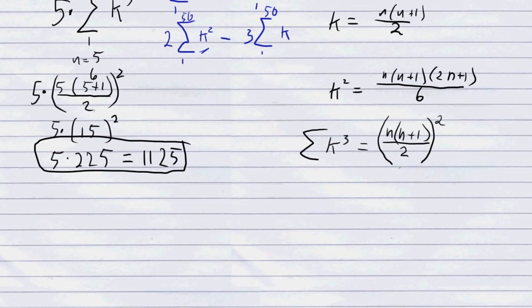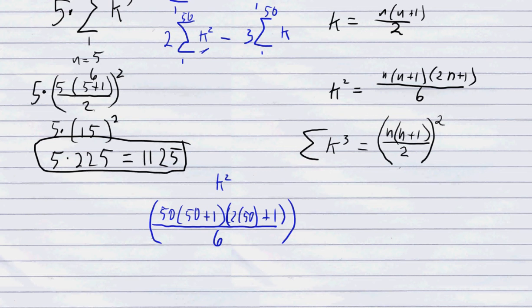So that's going to be 50, which is n, times 50 plus 1 times 2 times 50 plus 1, right? And all of that divided by 6, and that's the k squared, you understand. And then all of that times 2 to give us the times 2.